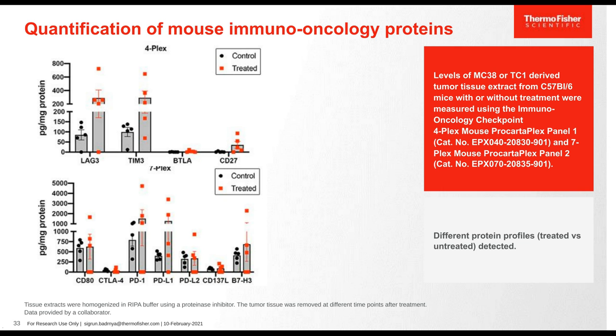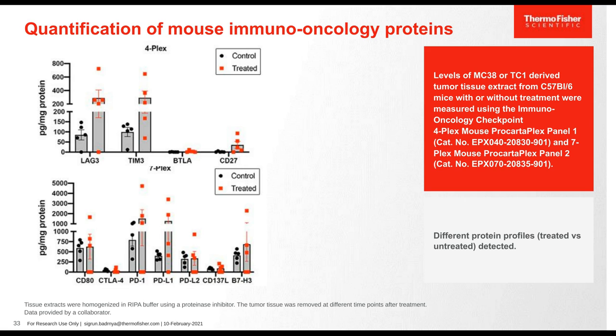Apart from the human preconfigured panels, mouse ProcartaPlex immuno-oncology checkpoint panel 1 and 2 enable the monitoring of soluble receptors and ligands to support studies on the response to potential therapeutic treatment also in mouse models, and have been validated by a collaborator in normal versus tumor tissues from mice.